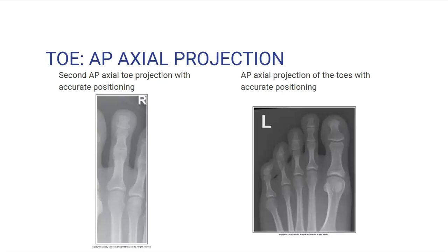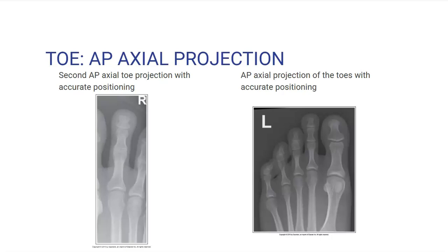If imaging just a single toe, the IP joint for that toe and the PIP joint for the second through fifth toes is at the center of the exposure field.